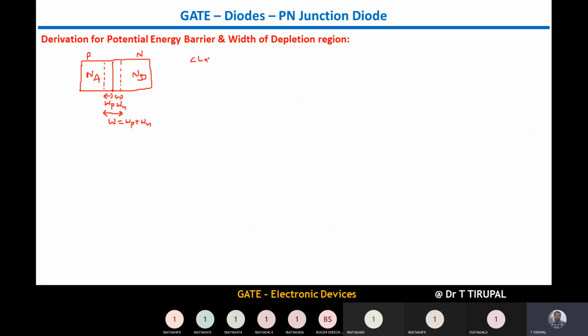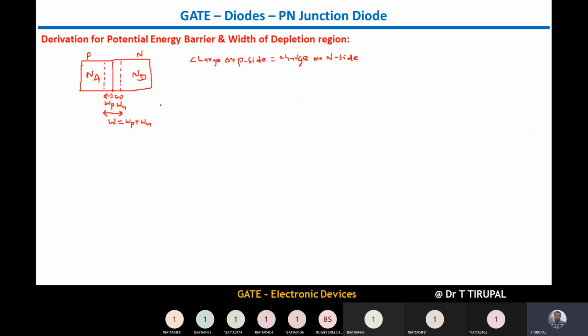Charge on P side is equal to charge on N side. Always, the semiconductor is neutral, so we can write charge on P side is equal to charge on N side. What is charge on P side?